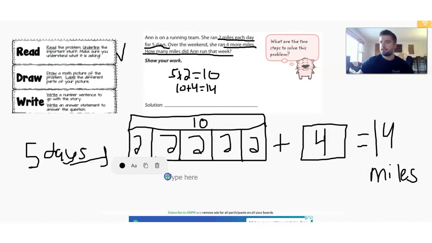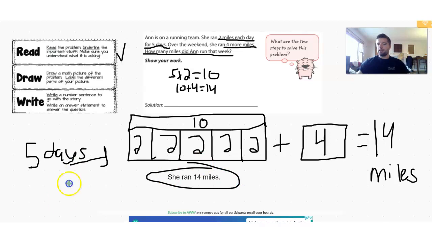And here's our number sentence to go with that. She ran 14 miles. Put a period at the end of that sentence, circle our answer, and that's how many miles she went. So I hope that you're getting more comfortable with the read, draw, and write strategy.